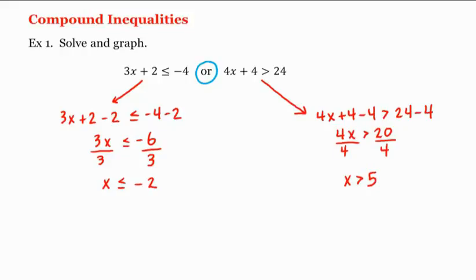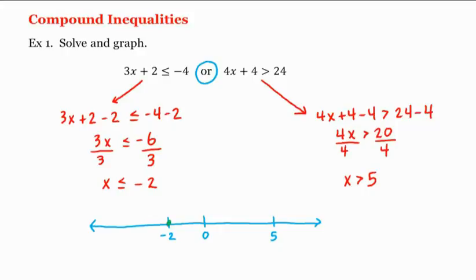So let's graph this. So here's 0. Let's say this is negative 2. And this is 5. All right, x less than or equal to negative 2.